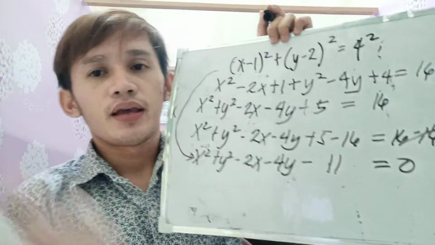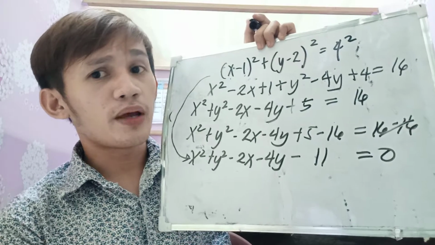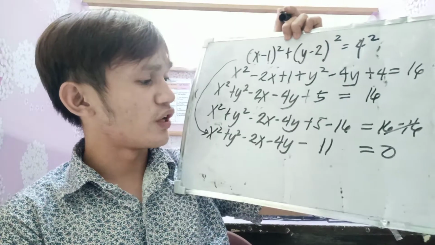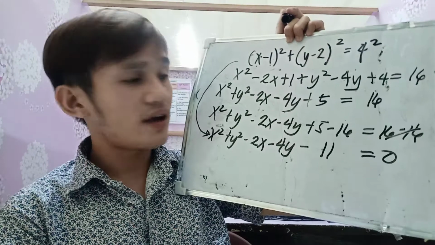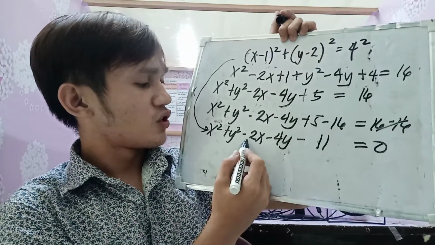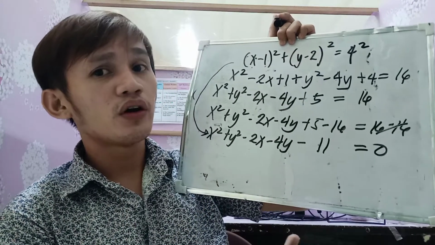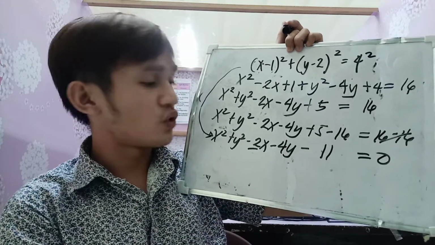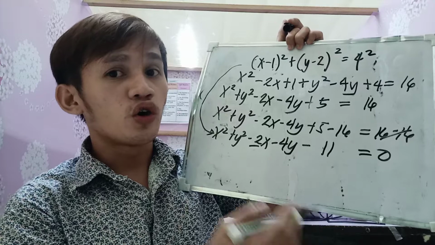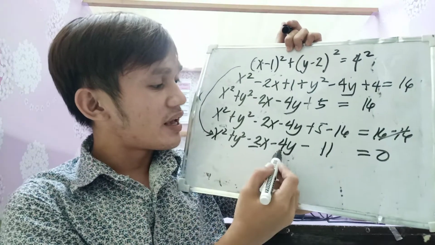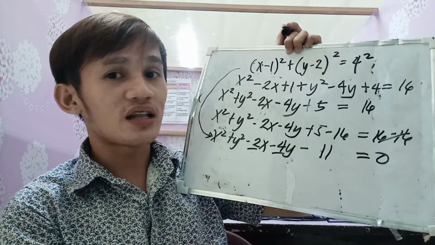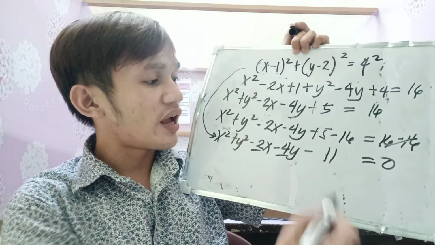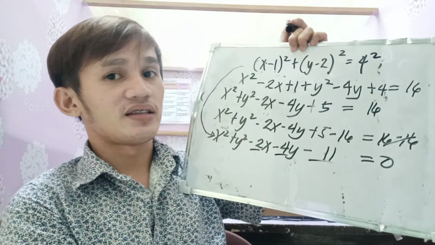Okay? And I forgot to mention, if you were asked to identify your D, your E, and your F, it is just simply like this. So your D is whatever the number or the leading coefficient of your x, that is your dx. So your D is negative 2. Your E is negative 4 because that is the leading coefficient of y, and your F is negative 11.